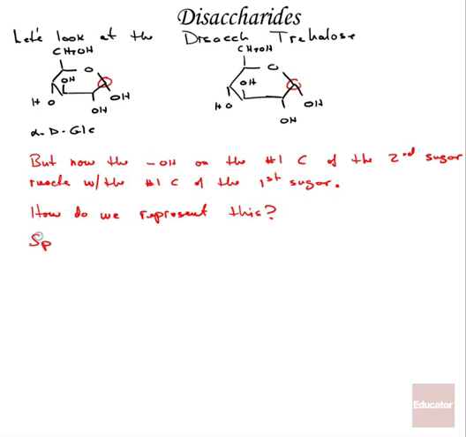We either flip or spin the second sugar so that the ends that are going to be reacting are close to each other. When we do that, we're going to have to change the arrangement of the second sugar. In other words, now it's no longer going to have the conventional representation of the oxygen being on the back right. So how do we deal with this?